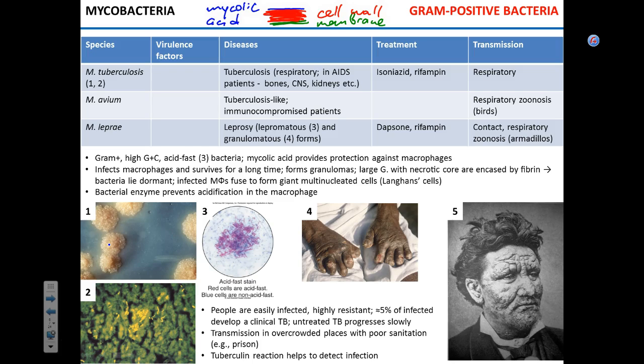Now, there are three major species that we're going to talk about. It's Mycobacterium tuberculosis, Mycobacterium avium, and Mycobacterium leprae. Now, practically for all of them, the virulence factors are going to be two things.